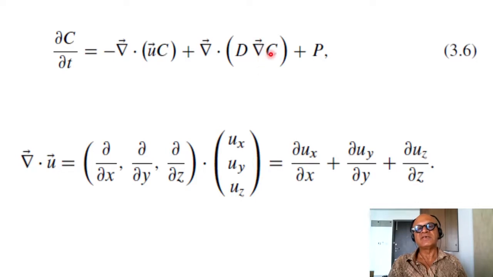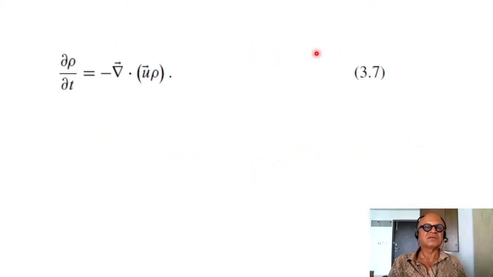You have dC/dx, dC/dy, dC/dz. When you do the divergence, you will get d²C/dx² plus d²C/dy² plus d²C/dz², plus the net source minus sink term here.